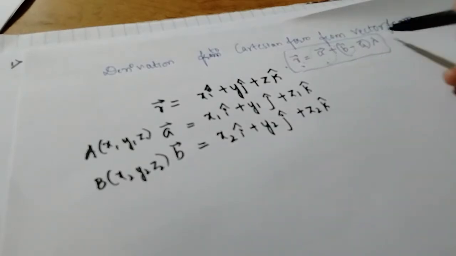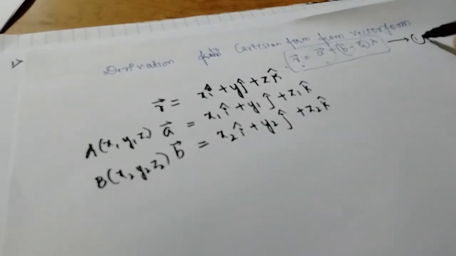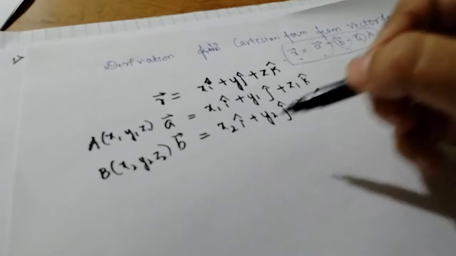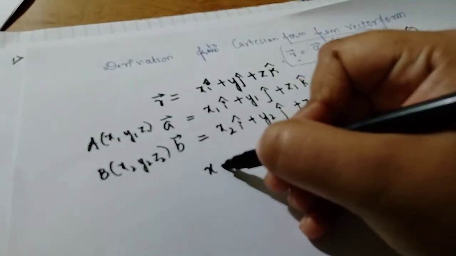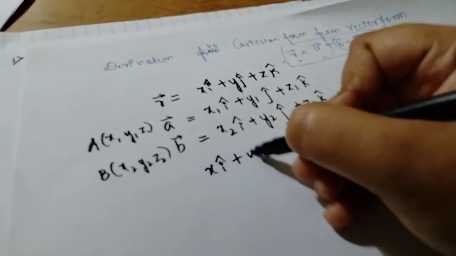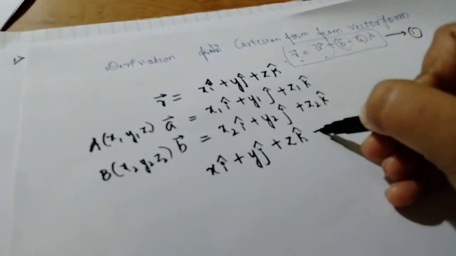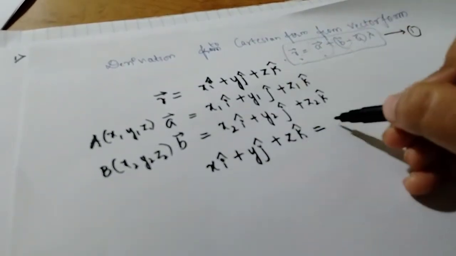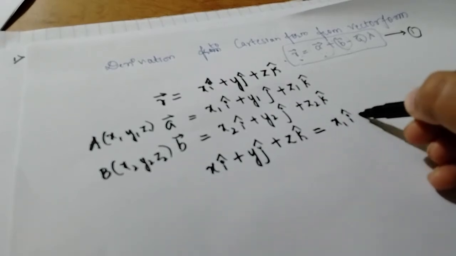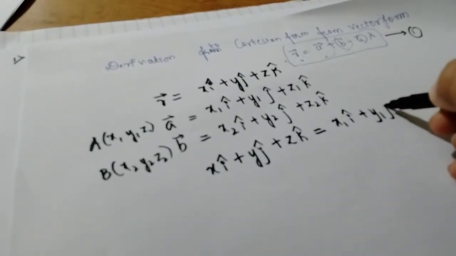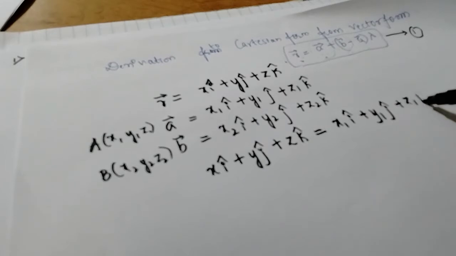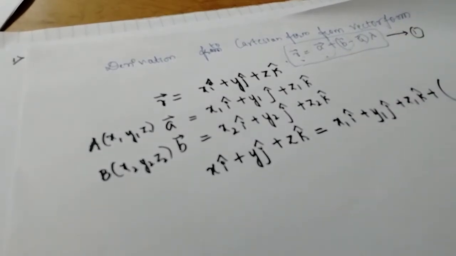So substituting all these three in this equation number 1. So R is equal to, R value is xi plus yj plus zk, is equal to, what is A value? x1i plus y1j plus z1k plus B minus A I have to write.